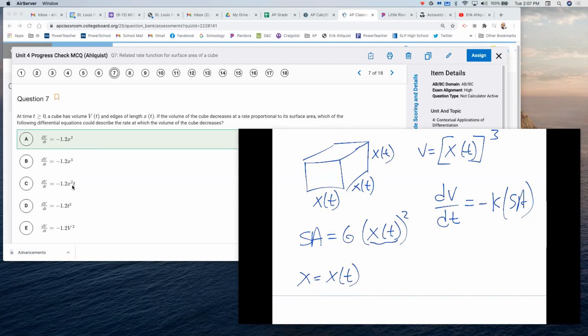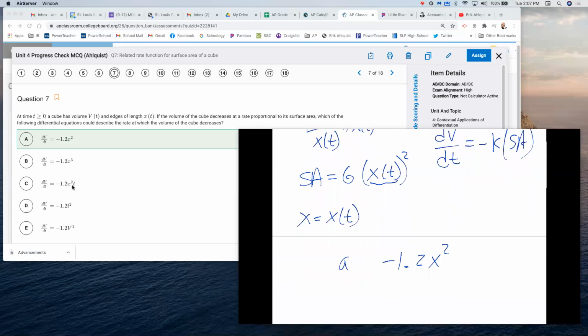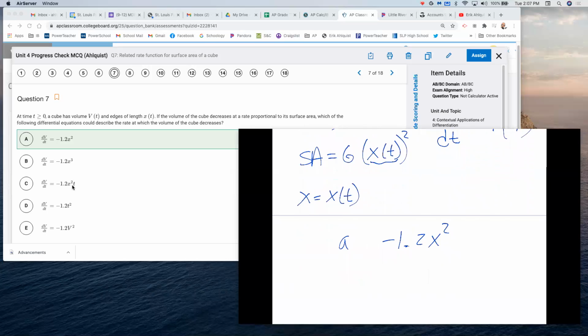So A is negative 1.2 x squared. C is negative 1.2 x squared times t. Those are different equations.